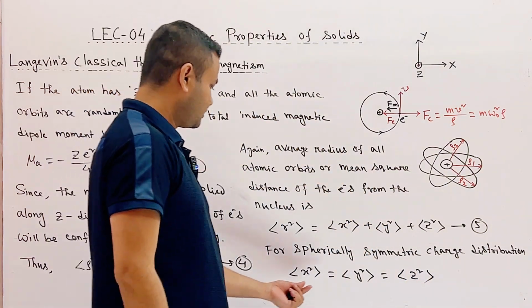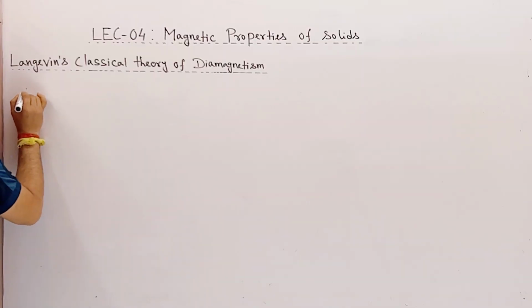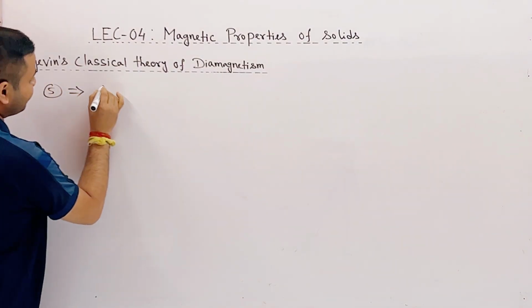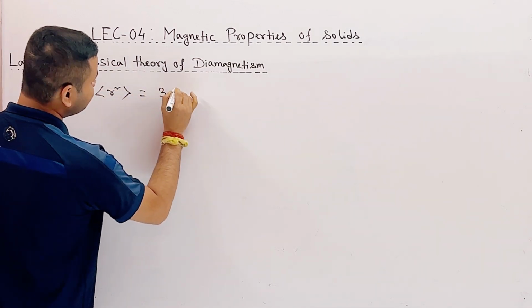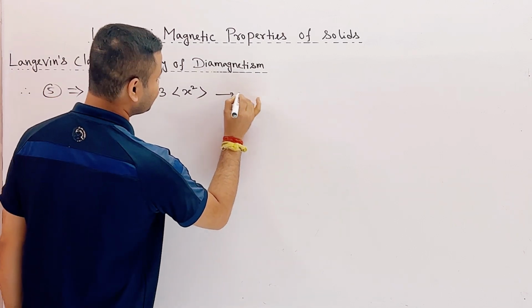If we substitute this value here, then we will get, therefore equation 5 implies average value of r square is equal to 3 into average value of x square. Suppose this is equation number 6.